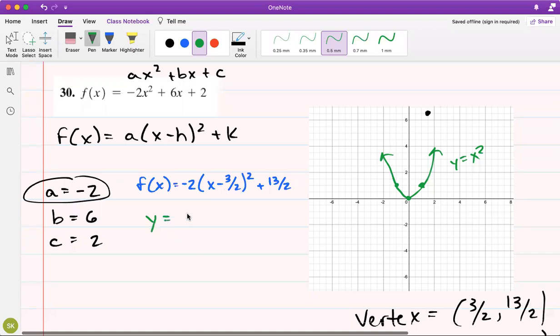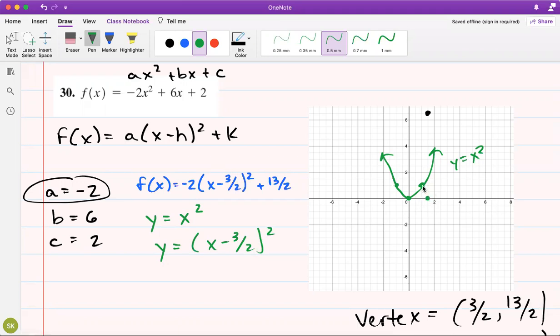So if y is equal to x squared, I want to go ahead and shift it to the right 3 over 2 units. So I can make it y is equal to (x minus 3 over 2) squared, which means move over 1.5, which is right here. So this moves over 1.5, and this one moves over 1.5. So let's erase this and draw a new graph.